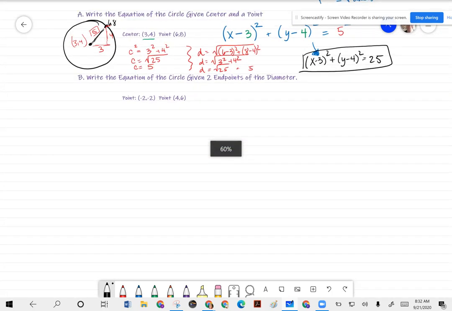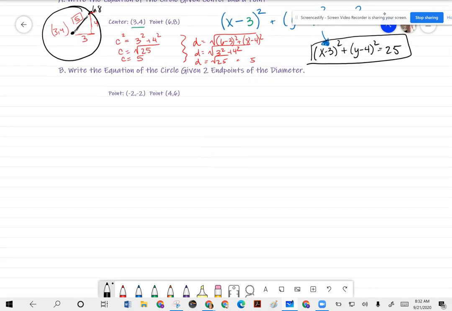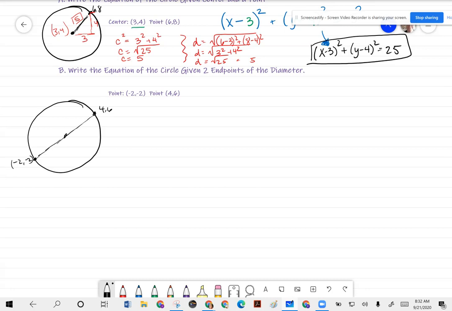All right, you have to pay attention to what it is that you're given. Here it says write the equation of the circle given two endpoints of the diameter. So let's say I have the point (-2, -2), maybe that's down here, and then we have the point (4, 6). There are two things. I need to find the center, which means I'm utilizing the midpoint.